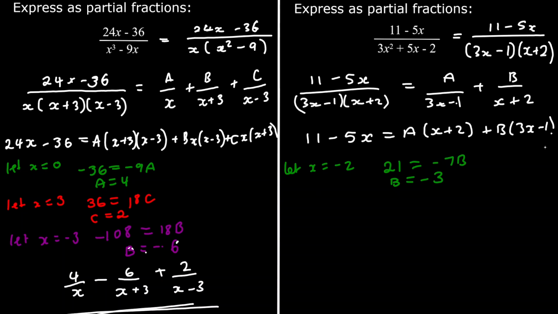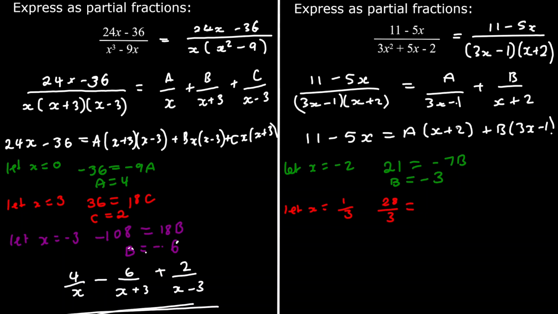And then we can let x equal 1/3 to eliminate b. So 11 minus 5/3. So 33/3 minus 5/3 is 28/3.